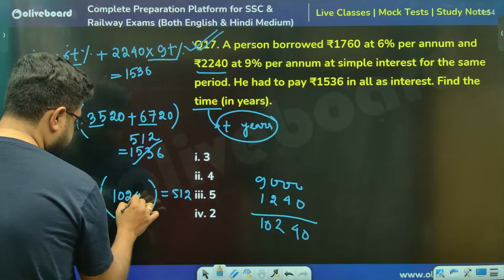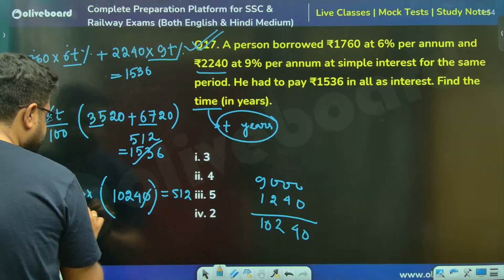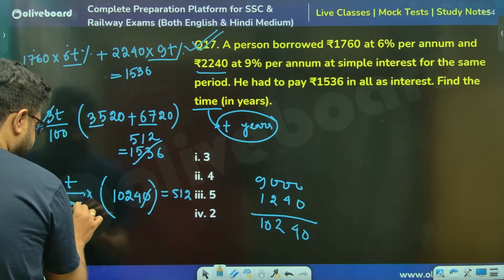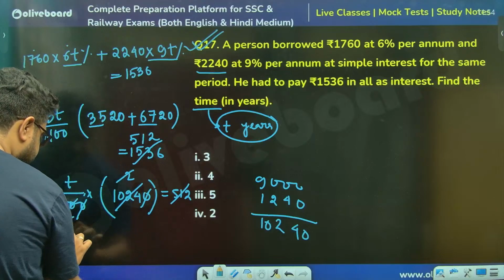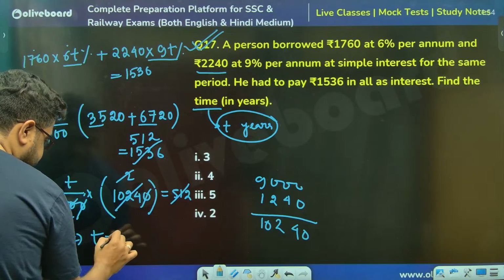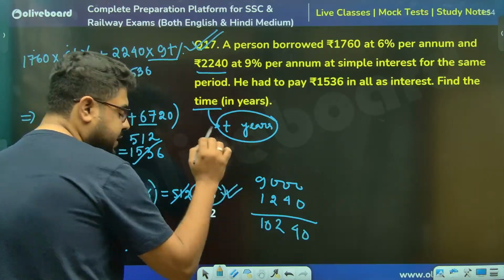Look how nice it looks, 512 into 2, and 5 2... I had made a mistake. My mistake, everyone. So option number 3, 5 is the correct answer.